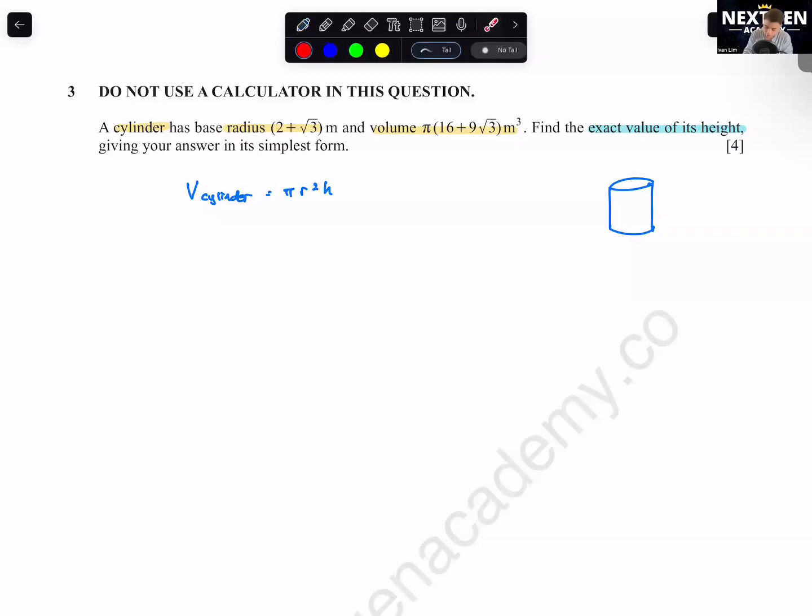So they are saying the volume of the cylinder, which they give you here, is π(16 + 9√3), then we fit in the radius here and find the height. I will interchange both sides, so I'll write π(2 + √3)²h equals π(16 + 9√3).